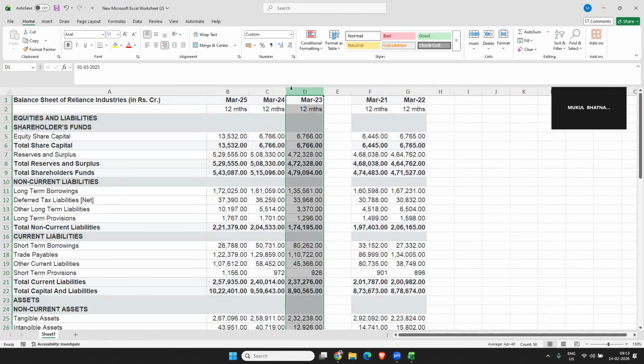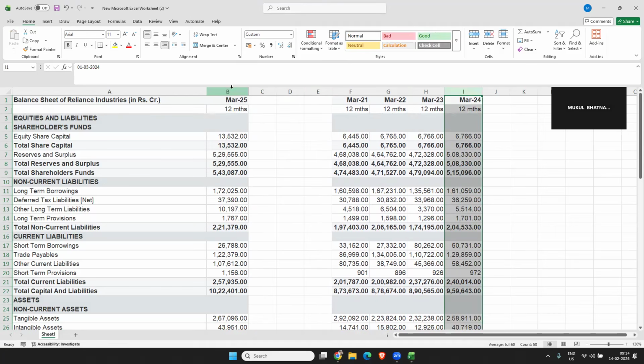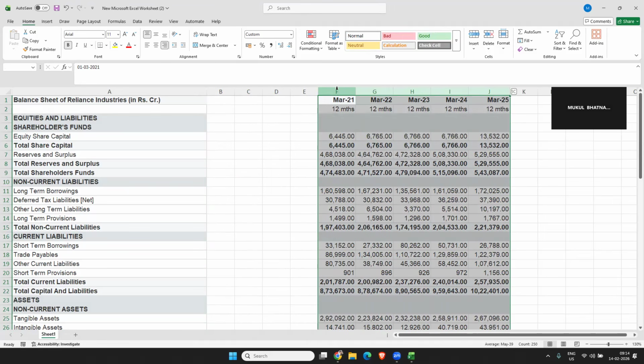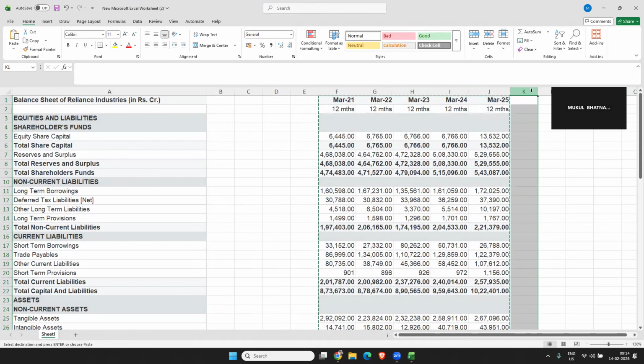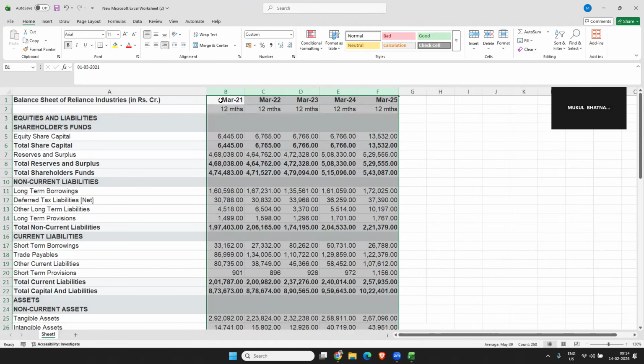For arranging it, make sure that you're clicking on the top where the name of the column is written, like D, then Control X, Control V, then Control X, Control V. I will be clicking on B, Control X, Control V. In this way, the entire years of the balance sheet are arranged. So here I'm done with the arrangement of items.